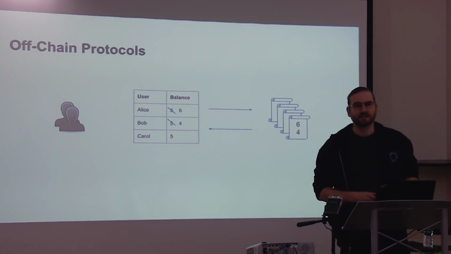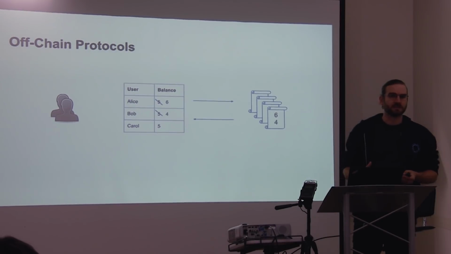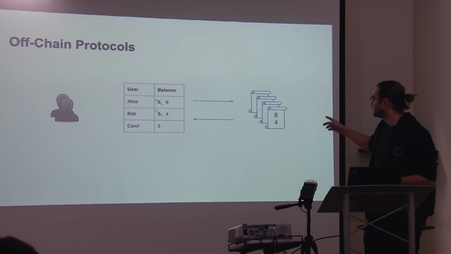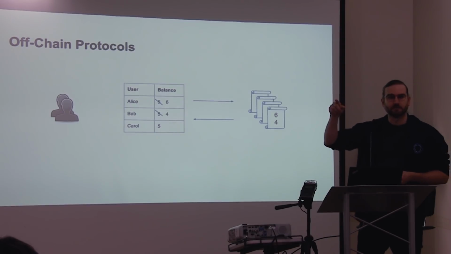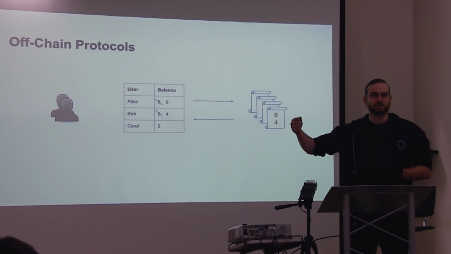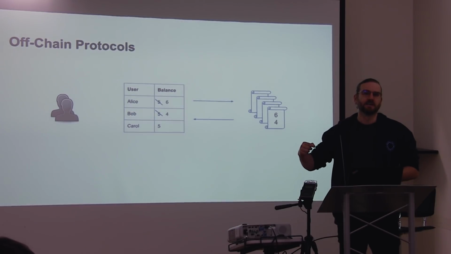What's important here is that these intermediate states are always aggregates of multiple individual states. As we've seen before, when transferring 1 Bitcoin from Alice to Bob, the final state was 4 and 6, and then we transferred 3 more, and the final state was 1 and 9.